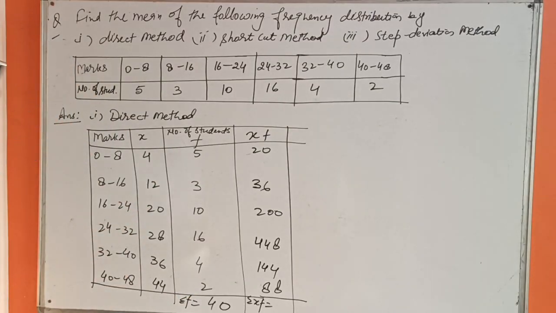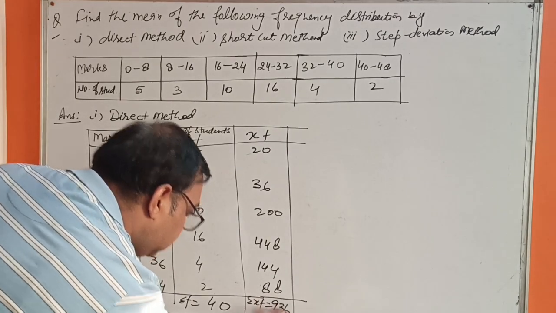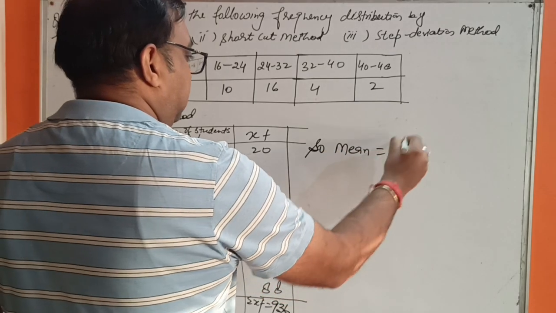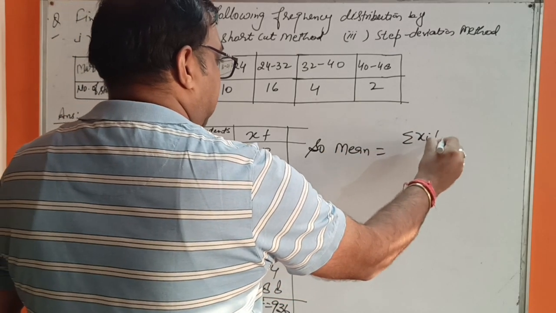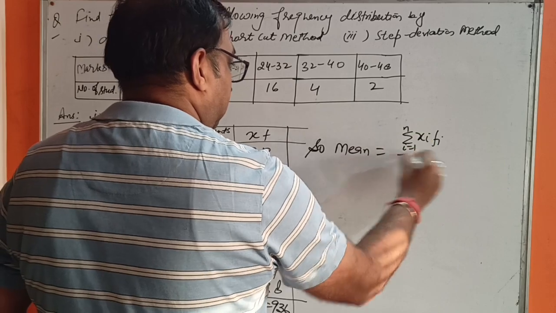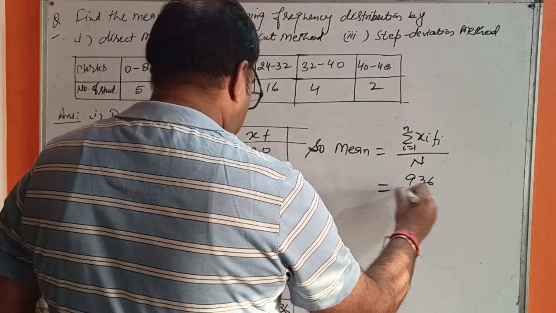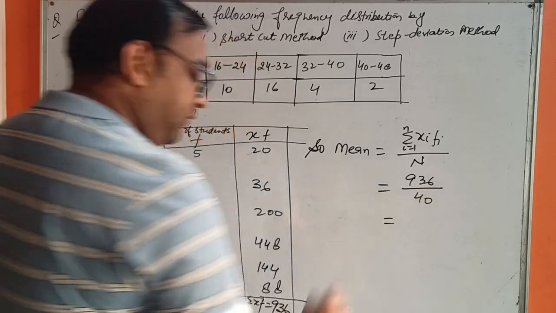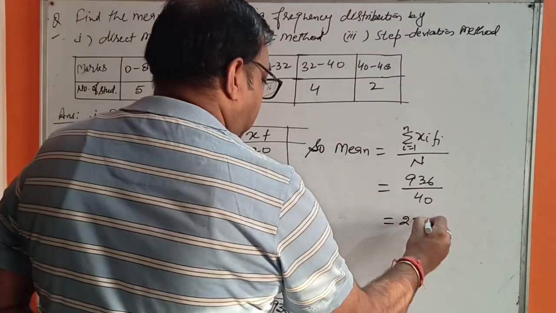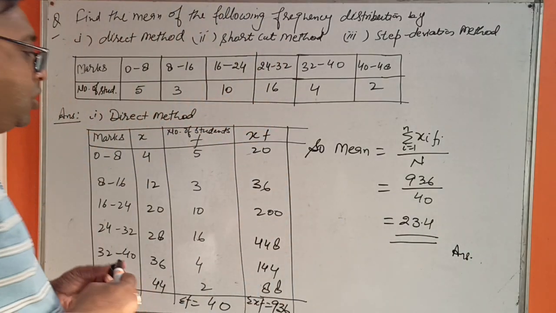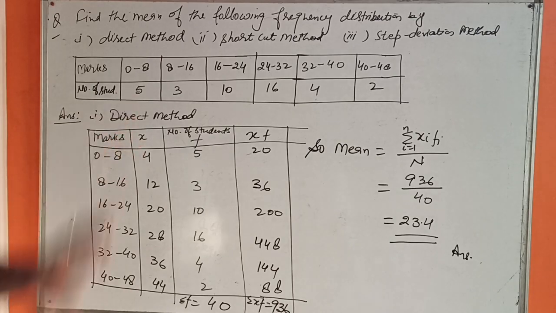Sigma f we get by adding these, and sigma xf is 936. So mean equals sigma xi fi, i equals 1 to n, upon capital N. So it is 936 upon 40, which is 23.4. These are the mean marks. So this is by the direct method.